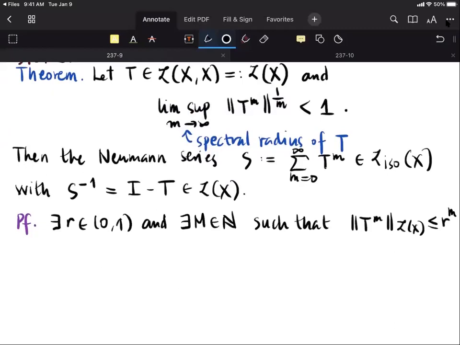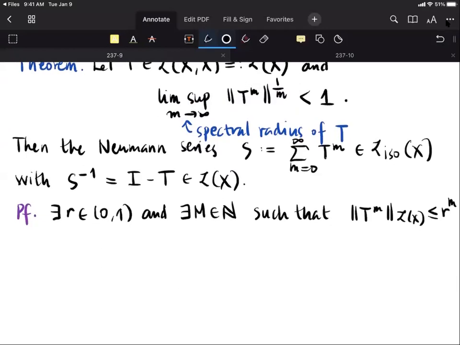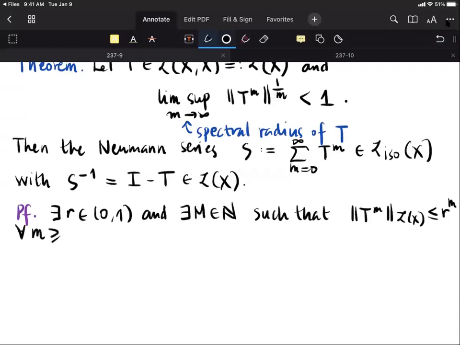So for sufficiently large indices, this must be less than or equal to some number r, and this number r is less than 1. So you basically apply the definition of the limit superior. And of course, the index must be greater than or equal to capital M.